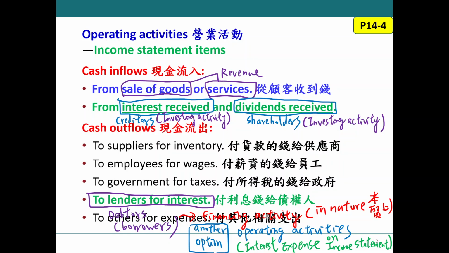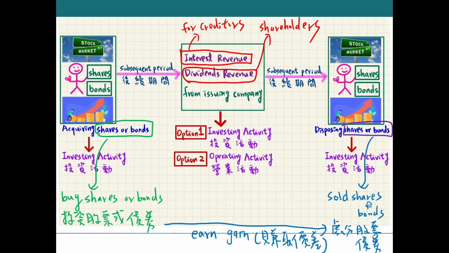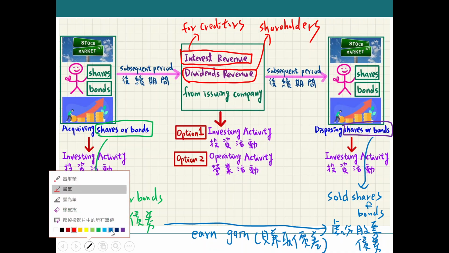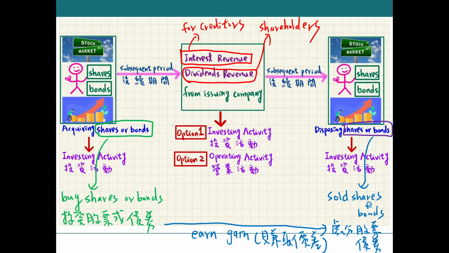Interest revenues, dividends revenues. So interest revenues, dividends revenue, they are investing activities. So usually you should put it into investing activities. But also these two, you could find out on income statement. So we'll give you another option. You could put it into operating, okay? So we mentioned this on your slide 12, page 12, okay? So for these two, interest revenues, dividends revenues, usually in nature, you should put it into investing activities.